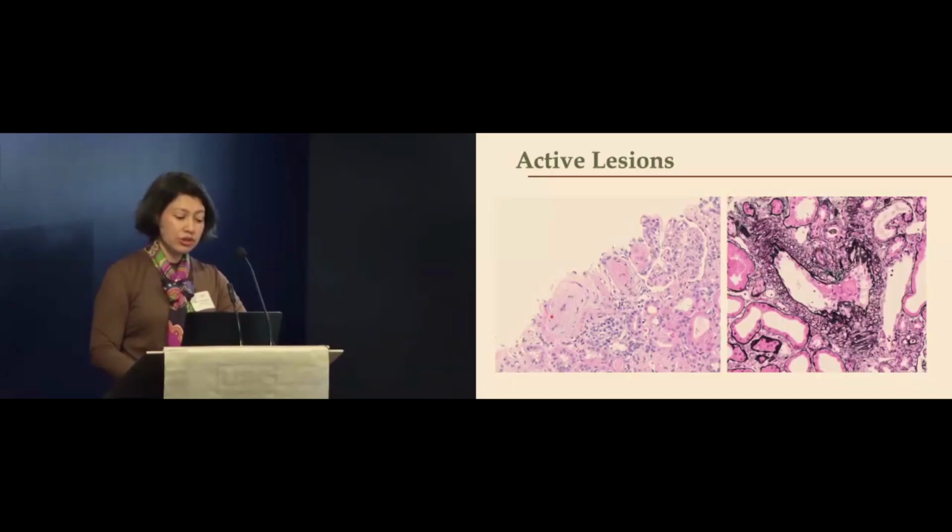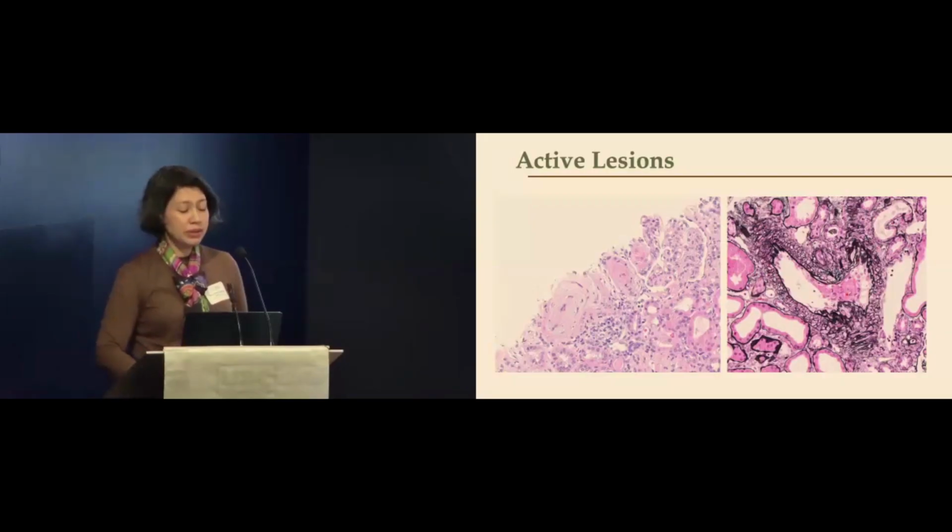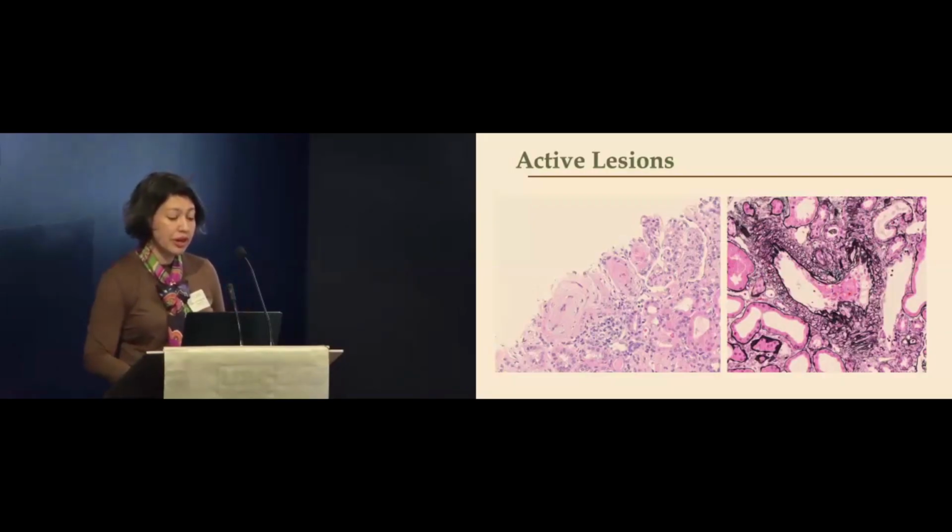And so here is an arteriole, and normally the endothelial cell layer would be right here, but that right there, that single red cell, that's the lumen. So this is all mucoid intimal change. And this is a case in a transplant patient where there is a large fibrin thrombus within the interlobular artery.